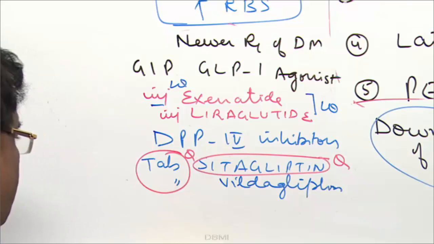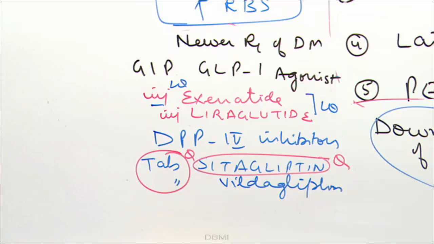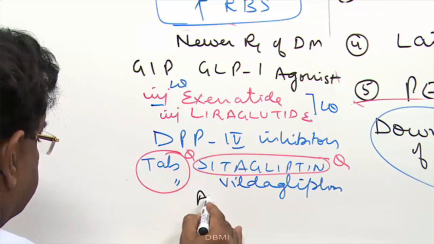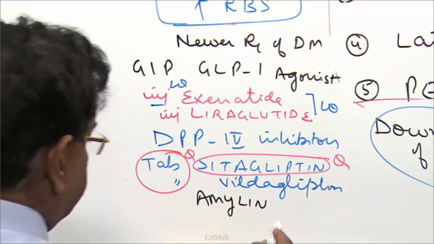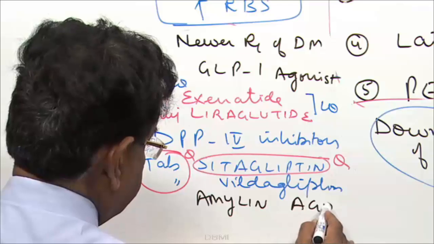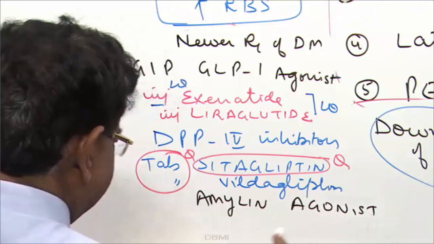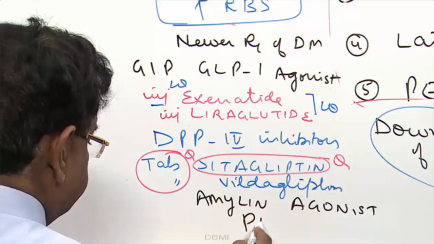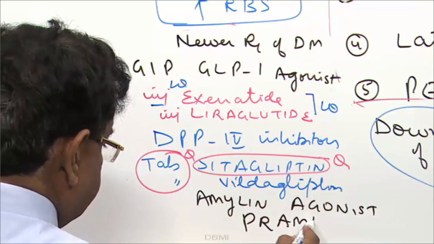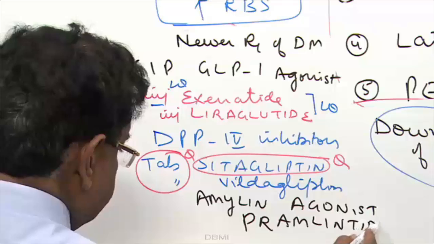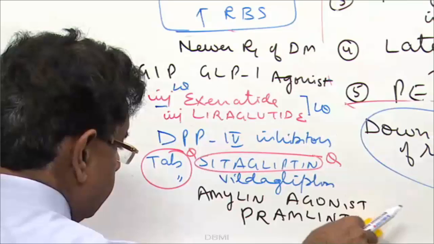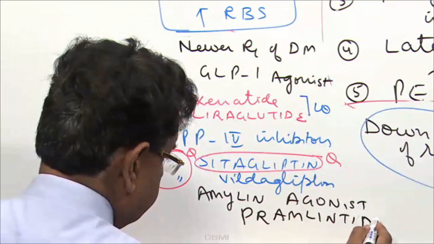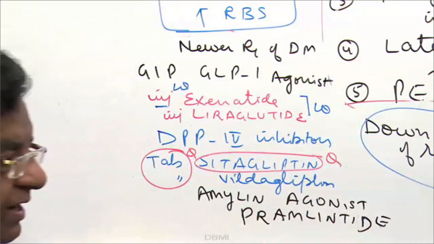Now we have one more, amylin agonist drugs. This includes pramlintide.